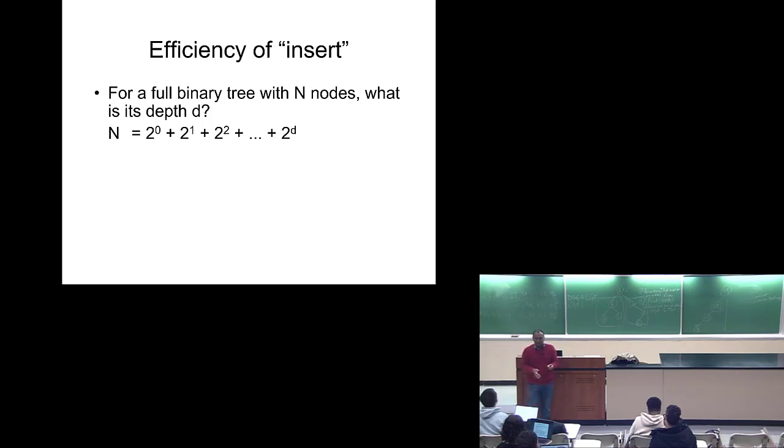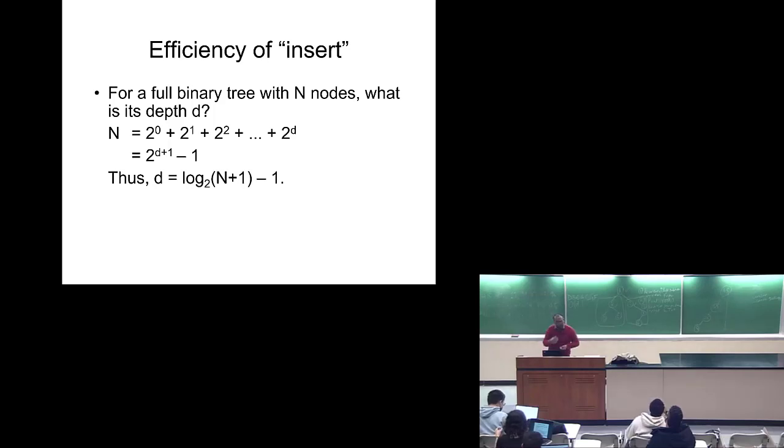Add them up, for which we will need the geometric series summation. This boils down to 2 to the power d plus 1, minus 1, which is n. Do simple mathematics and take minus 1 to the left hand side, it will be n plus 1, and then you'll have to take log to the base 2, which will give you the value of d, which is log of (n plus 1) minus 1.